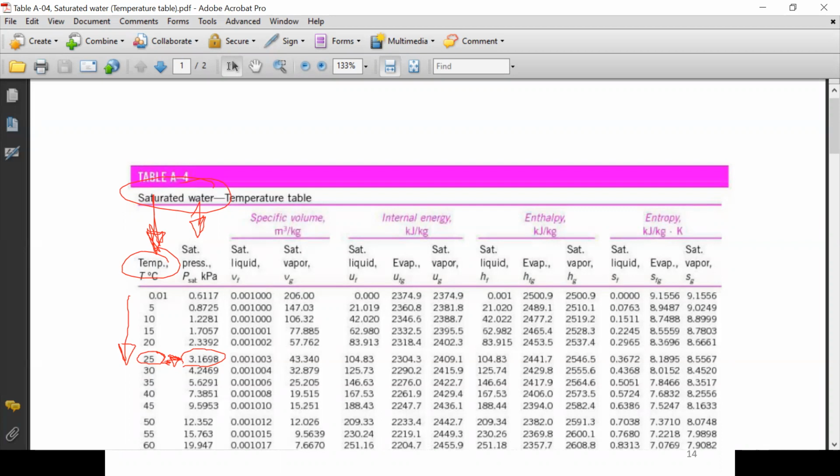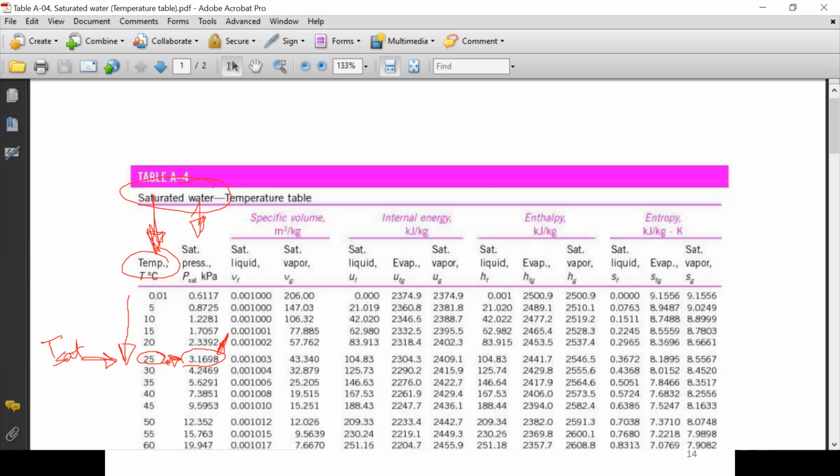This temperature we call the saturation temperature, or boiling temperature of the water. If I want the water to boil at 25 Celsius, I need to reduce the pressure to 3.16 kilopascal. It's very low.